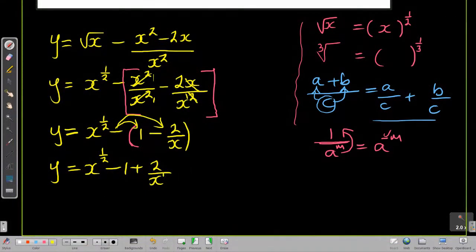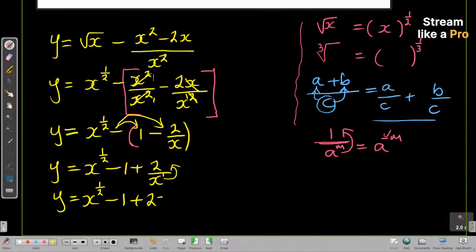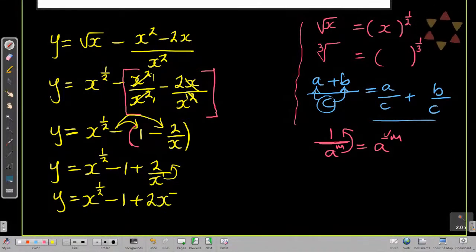So if I want to take this to the top to join the 2, it will become y is equal to x to the power 1 over 2 minus 1 plus 2x to the power negative 1. Remember, the negative 1 is only affecting the x, not the 2.